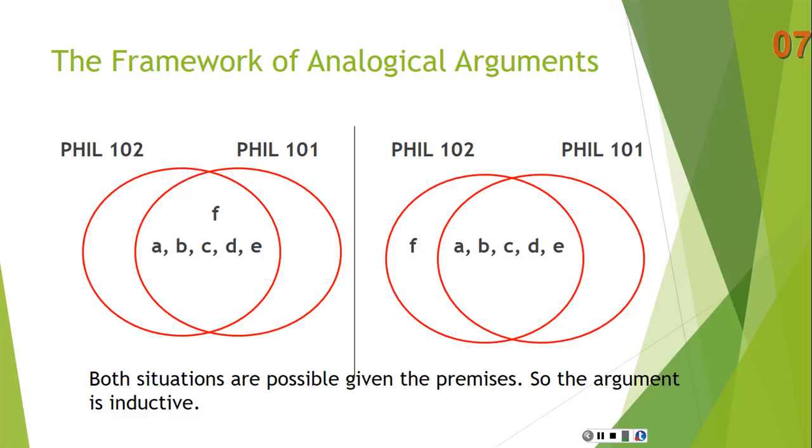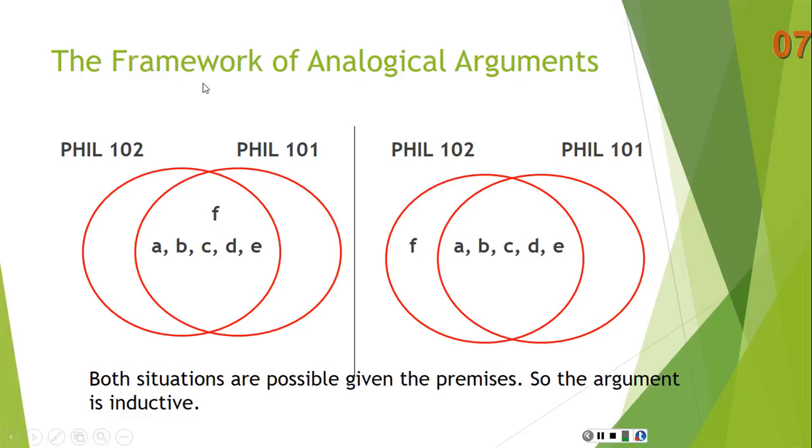And it's not something you can really quantify. It's something that you really have to weigh to determine whether they're strong or weak. Does this make the conclusion more likely than not? Or does it make the conclusion just as likely or not, or lower? Those are the things you have to ask and weigh the merits of the argument in order to determine whether the argument is strong or weak.